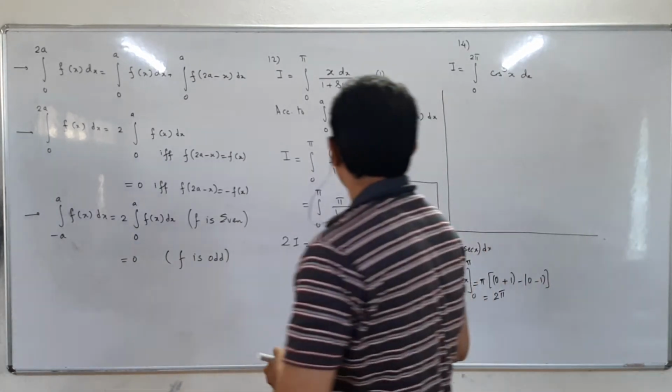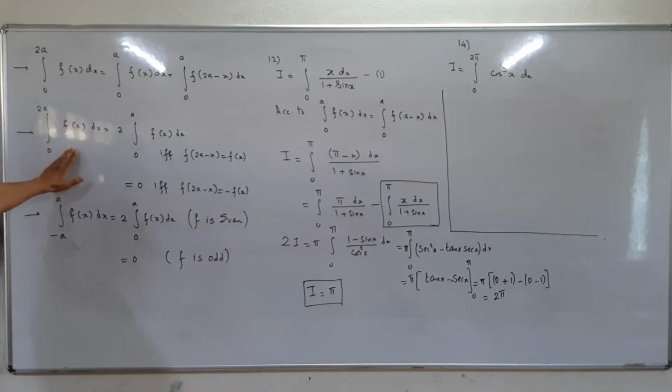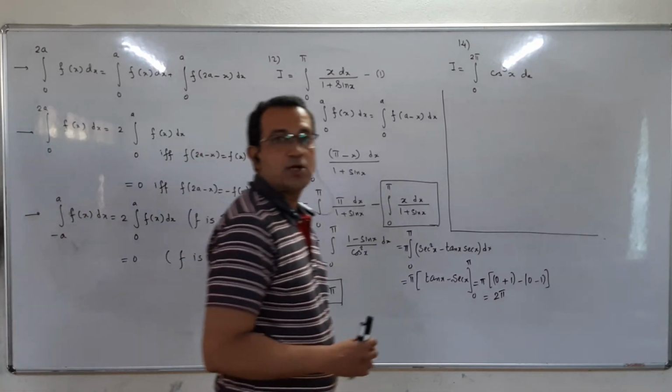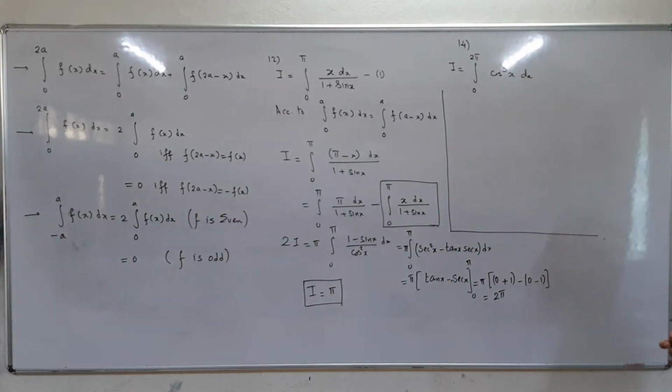Here what I am doing, I am going to apply this property. Check: integration 0 to 2a f x dx is twice integration 0 to a f x dx, provided f of 2a minus x is equal to f of x. Here 2a is 2 pi.